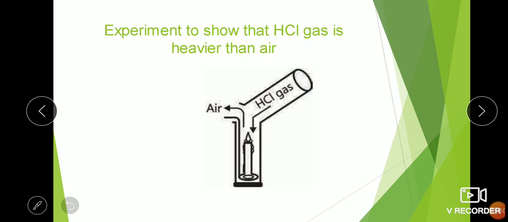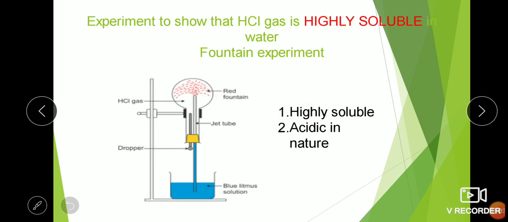The reason is, as air is lighter than HCl, HCl will come down and get collected near the candle, and air will go up. As this HCl gas stops the supply of oxygen, the candle goes off. And hence, this demonstration proves that HCl gas is heavier than air.